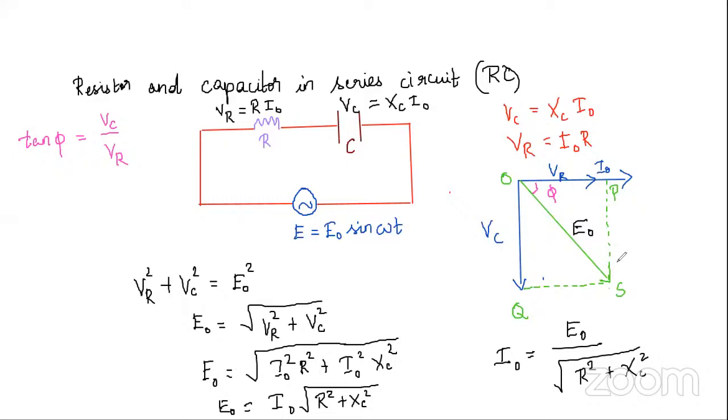That will be VC divided by VR. VC is nothing but, as you know very well, XC I0, divided by VR, which is I0 into R. So tan phi is equal to XC by R.